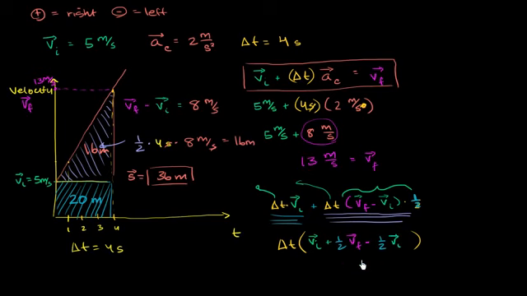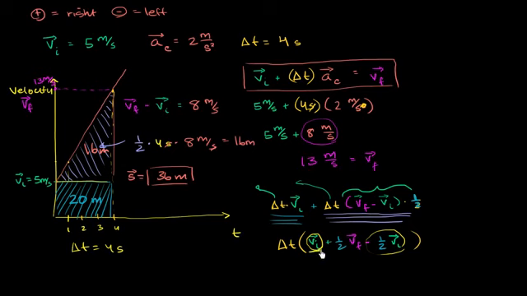And now what does this simplify to? We have something, plus 1/2 times something else, minus 1/2 times that original something. So what is vi minus 1/2 times vi? Anything minus half of it, you're just going to have a positive half left.